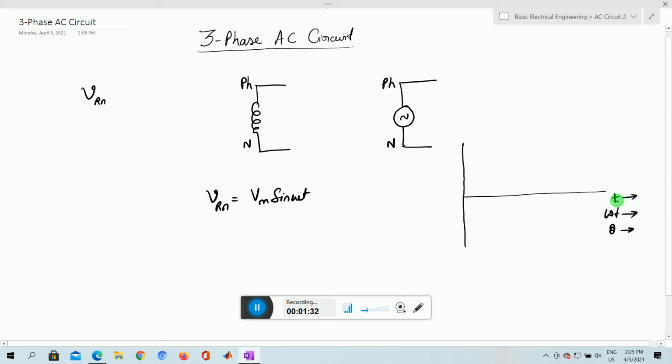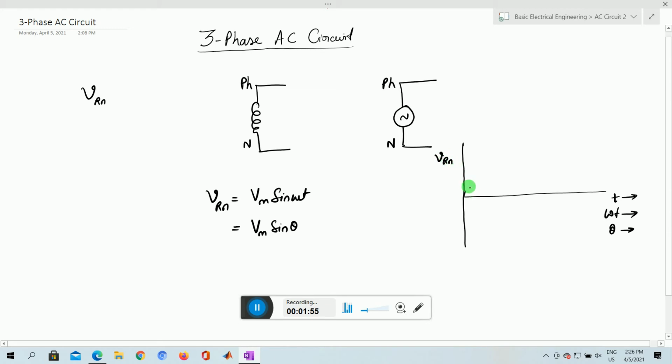Only thing is that t is a variable, omega is a fixed term. Multiplication of omega and t, which is theta, is also a variable term. The same thing we can express as Vm sine of theta. It will not be a problem if you take the x-axis as theta and the y-axis as VRN.